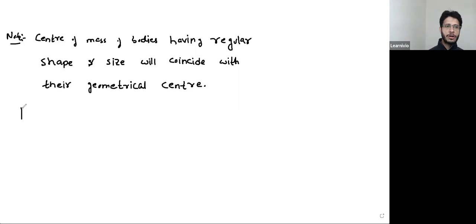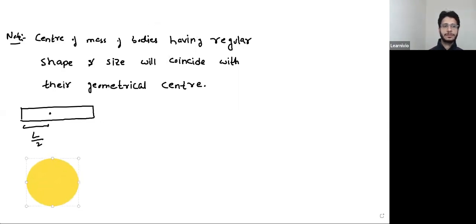Means if you have a rod, then center of mass will lie at the center of the rod. If you have a disk, then center of mass will lie at the center of the disk.